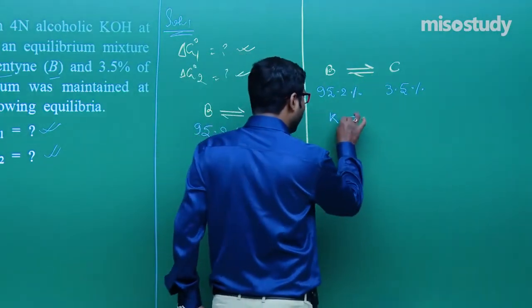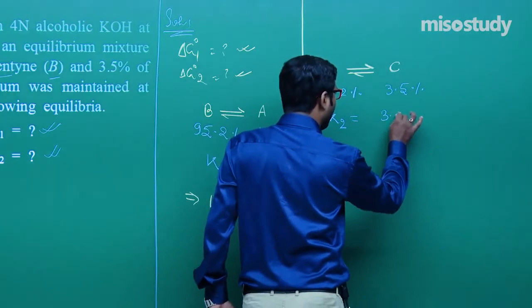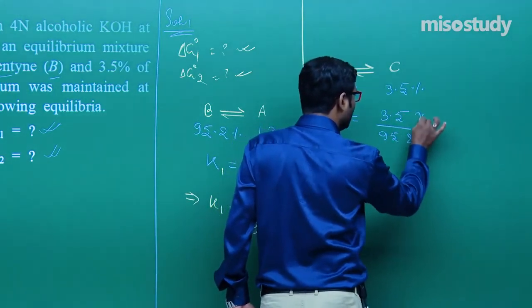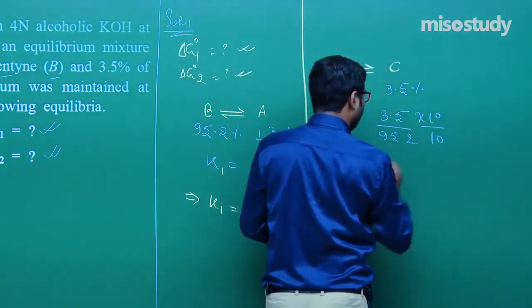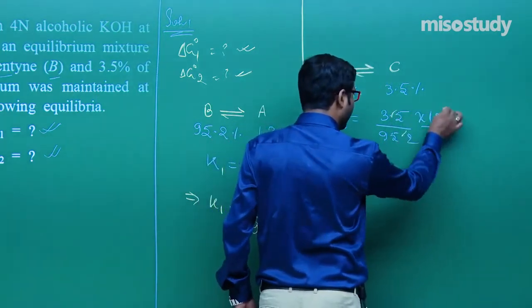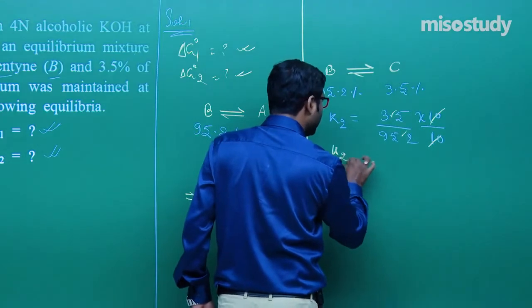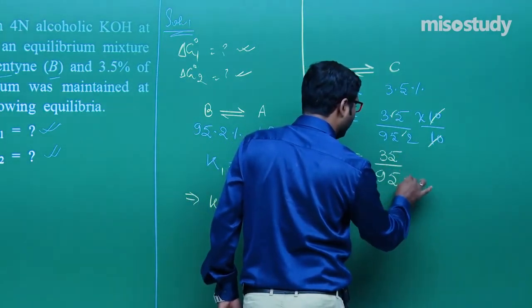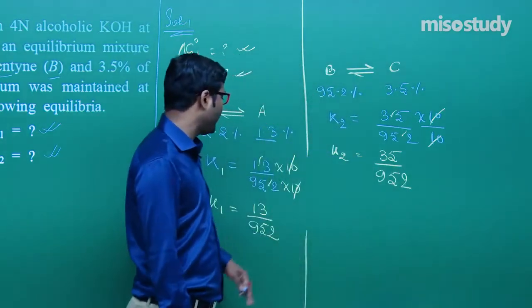So very simple, K2 is equal to 3.5 divided by 95.2. Clear? Now what will happen in this case, friend? That is K2 is equal to 35 upon 952. This is K1 and K2.